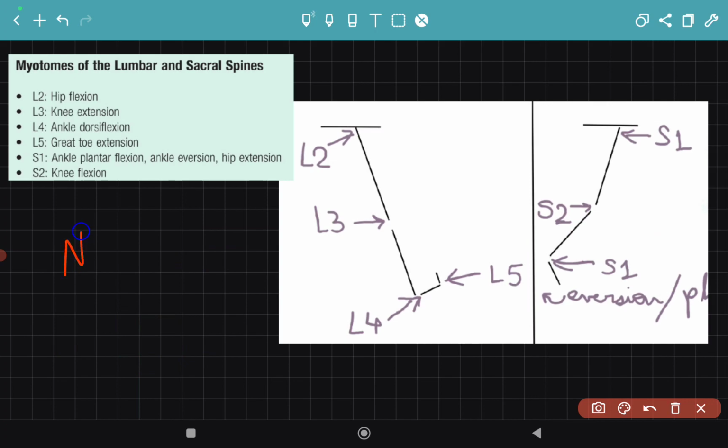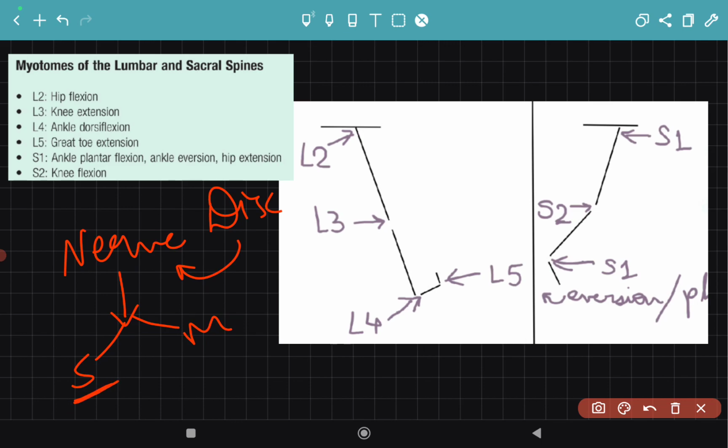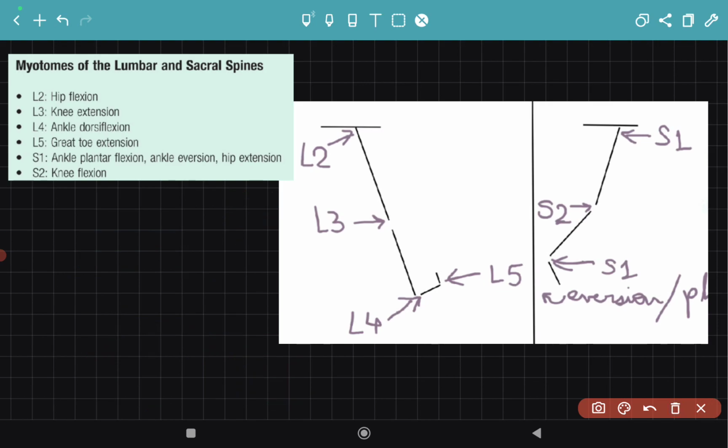If the nerve is involved because of the disc pathology, then the nerve which has sensory and motor components, if the sensory is affected, then dermatomes will be involved, which we physiotherapists can test. And if the motor component of the nerve is affected, it can cause weakness and myotomes will be involved, so we can test it accordingly. That's it for this series.